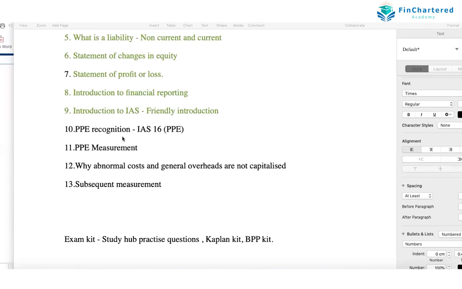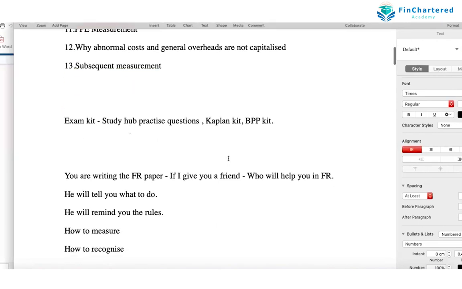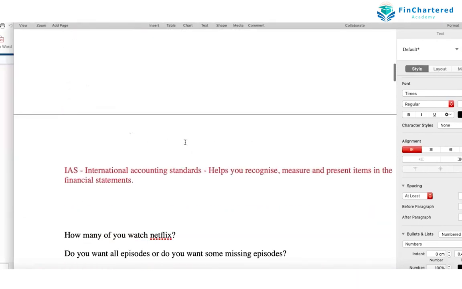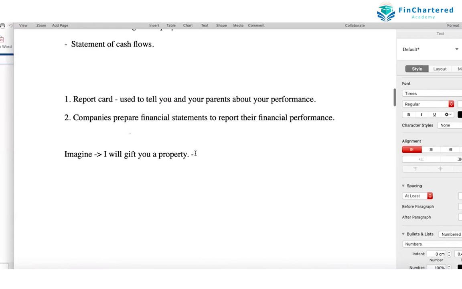Now, how do you recognize something as property? When will you and how will you say something is property? As I said, when I was saying that I'll gift you a property, all of you were happy. All of you said, yes, yes, yes, I want a property. Why? Because property is something that will give you future economic benefits.